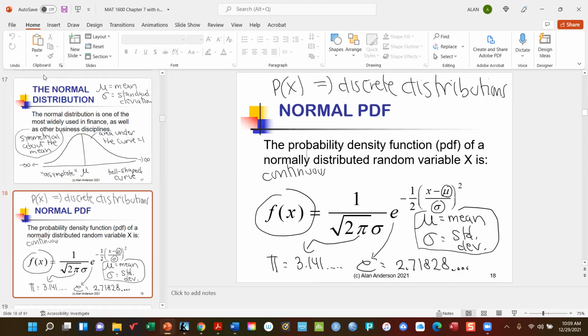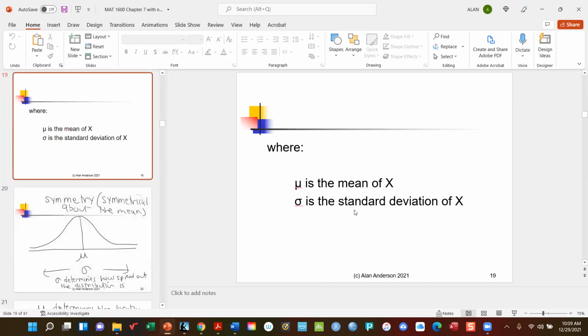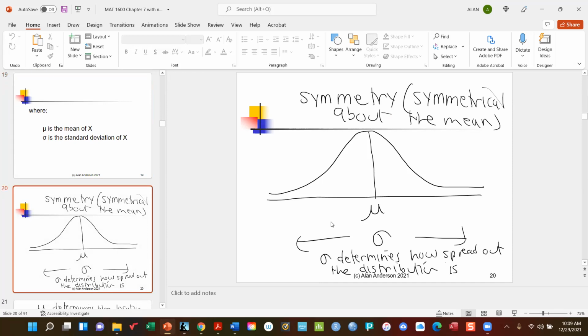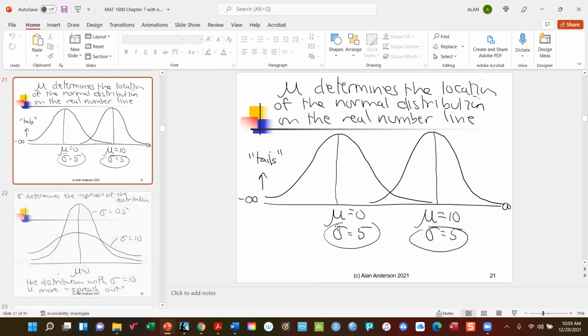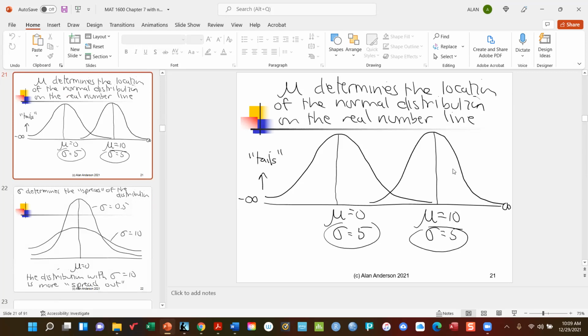Okay, and I showed you a couple of graphs to illustrate why this is the case. Let's see, where are they? Here we go. Well, first, this is what the curve in general looks like, but if we had two normal distributions with the same standard deviation, but different means, they'll have the exact same shape, but the one with the higher mean will be located further to the right than the one with the smaller mean.